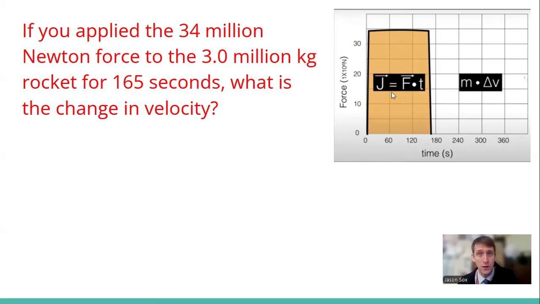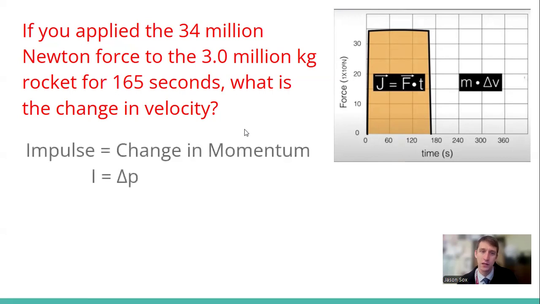And remember, there are two equations to solve for that. An object's net force times the change in time, or momentum can be solved by an object's mass times the change in velocity. So if we apply these 34 million newtons of force, that's the y-axis here, to the 3 million kilogram rocket for that 165 seconds of burn time, what will be the change in the rocket's velocity?